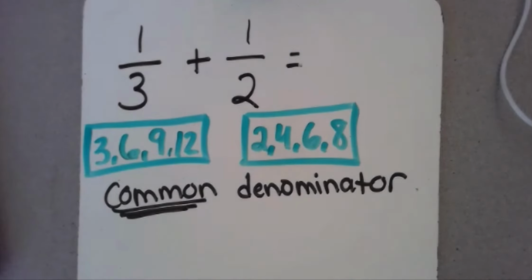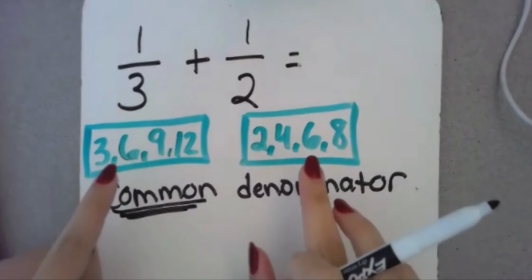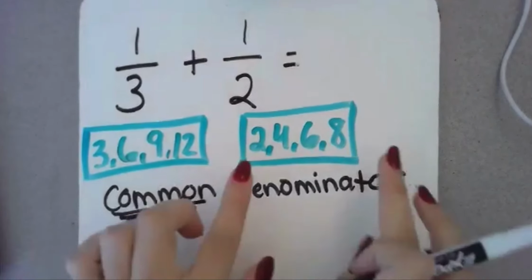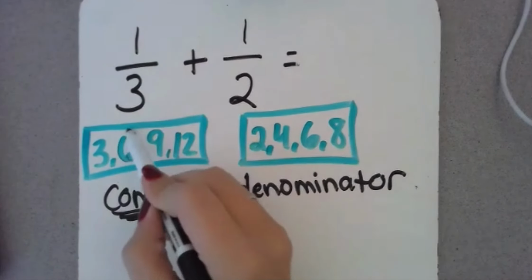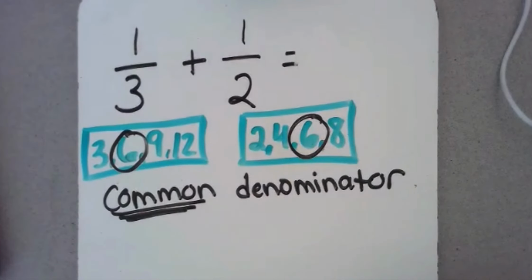And what I mean by in common is they have to have the same number. So what number do you see in this box and in this box? There is one number that they have in common. Good. Amari, good job. Luke, good job. Isabella, yes. 6. Do you agree that both of these boxes have 6?